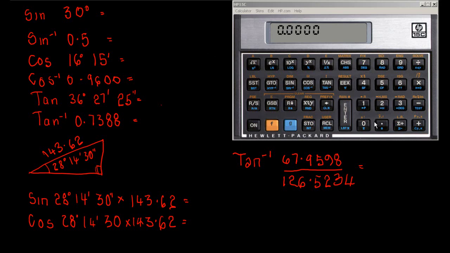One of the beauties of it is that it has the ability to accept information in this HMS format, which in this case here is hours, minutes and seconds, or it could equally be degrees, minutes and seconds, given that there's 60 minutes in a degree, 60 seconds in a minute. Just the same with time as it is with degrees.